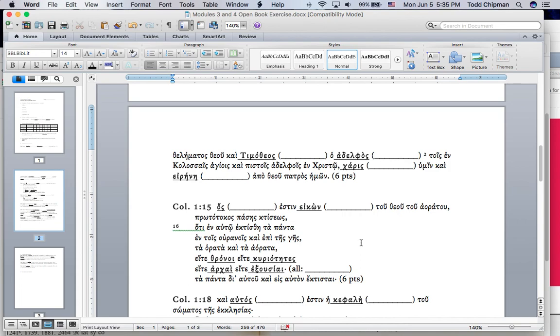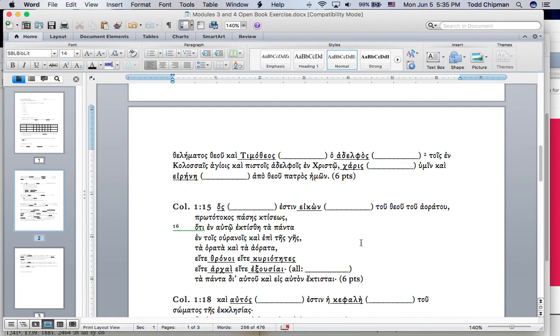Look then at verse 16. Hoti en autō ektisthē ta panta, that in him the all was created, en tois ouranois kai epi tēs gēs, ta horata kai ta aorata, eite thronoi, eite kyriotētes, eite archai, eite exousiai, ta panta di' autou kai eis auton ektistai.